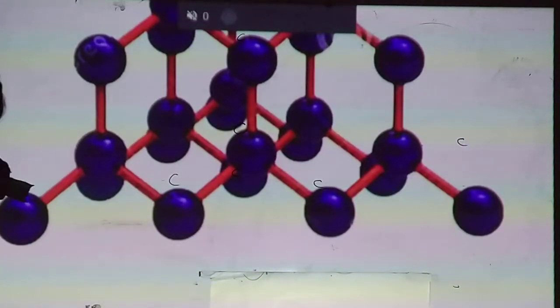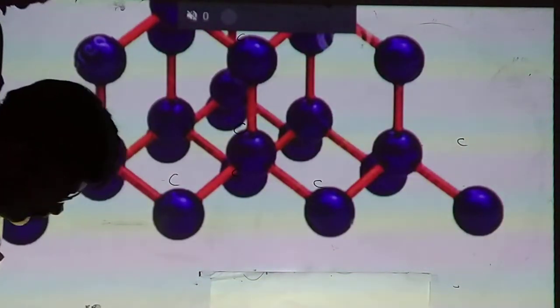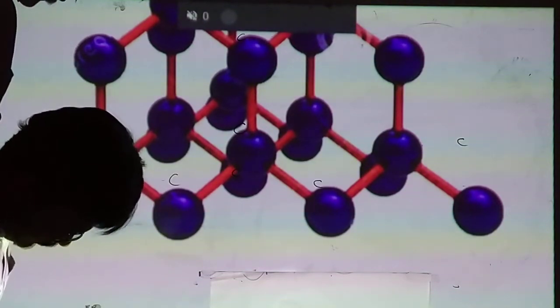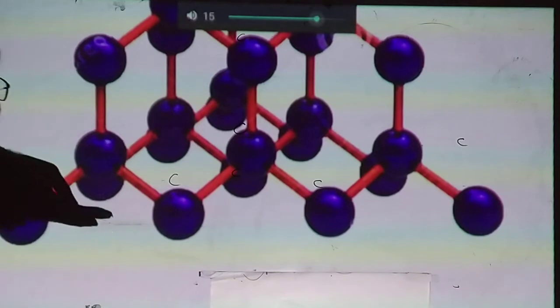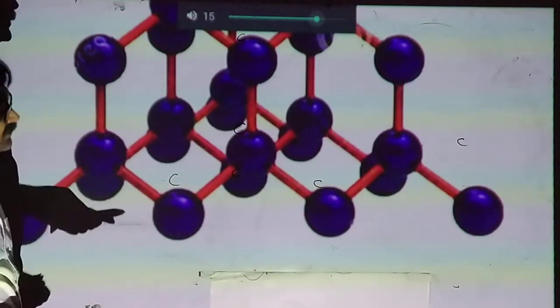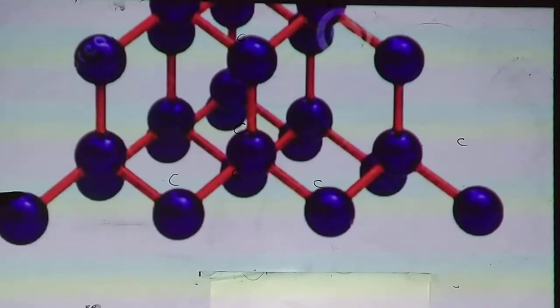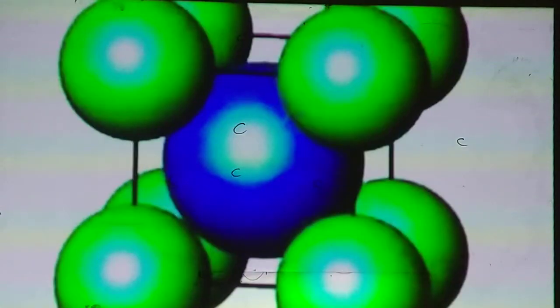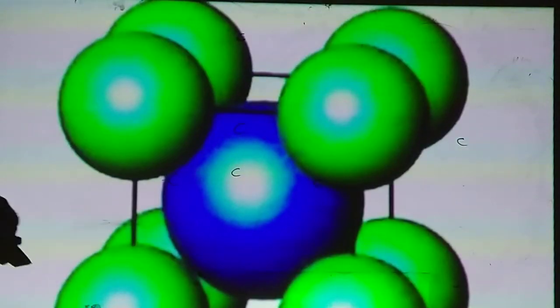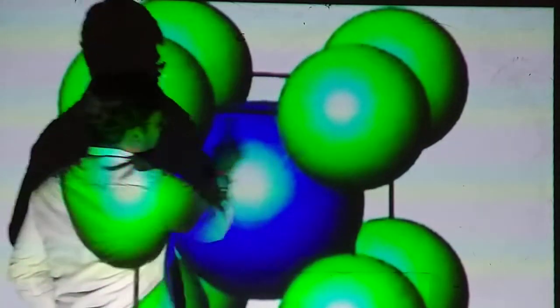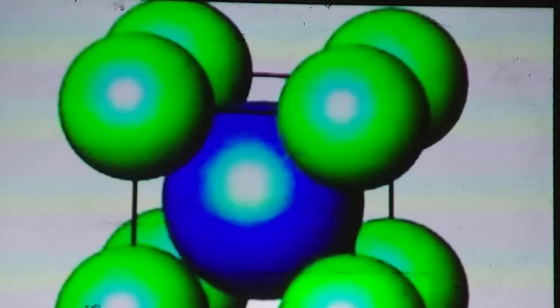You can see here some diagrams are given. So we will discuss first about it. Now this one is the BCC structure, body centered close pack arrangement.